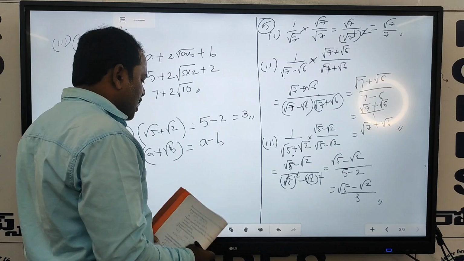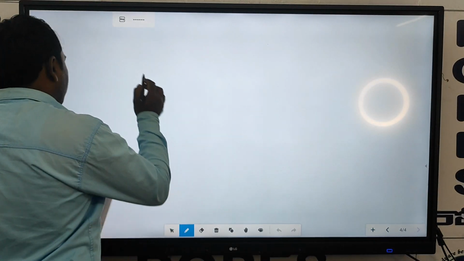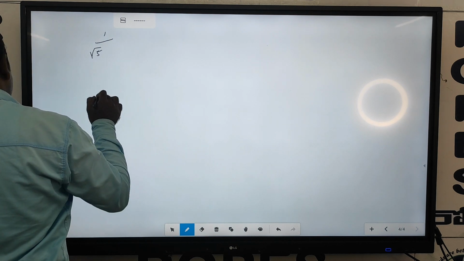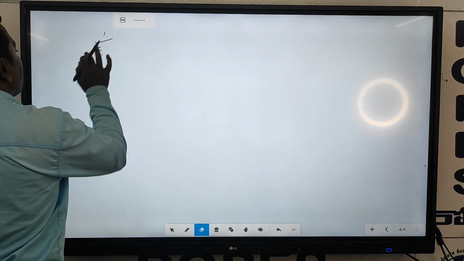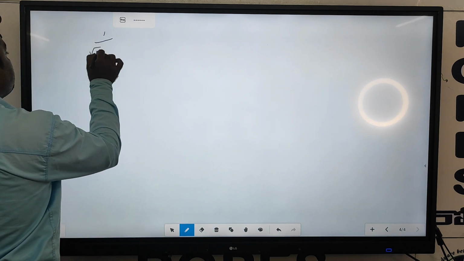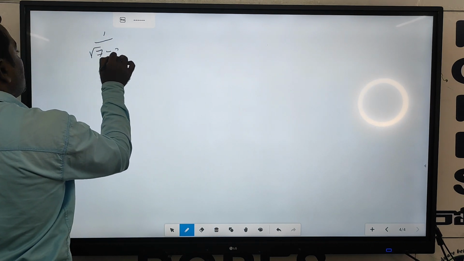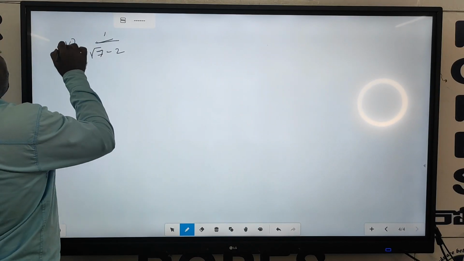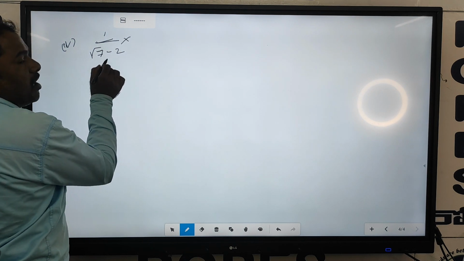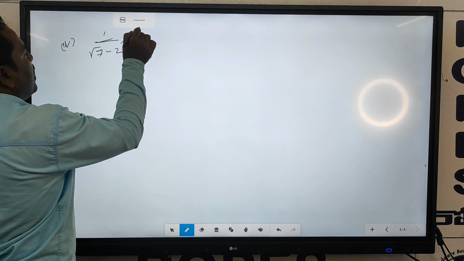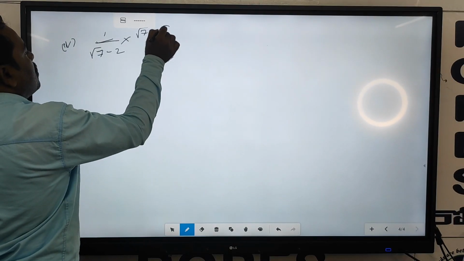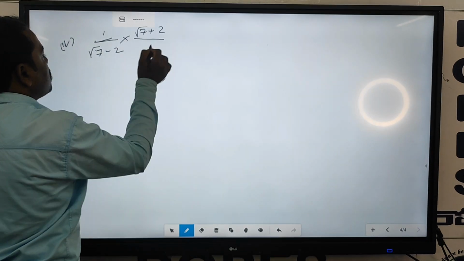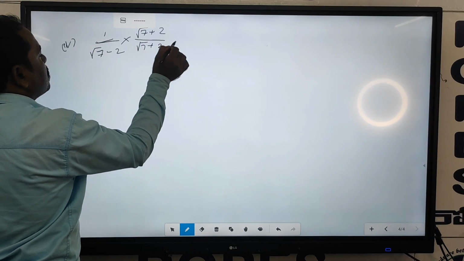Okay, next, another one. Here rationalize 1 by (√7 - 2). So here finally, this is our rationalization. Here minus is there, we have to multiply with plus. Then (√7 + 2) by (√7 + 2).